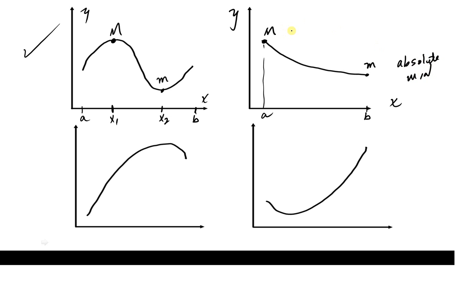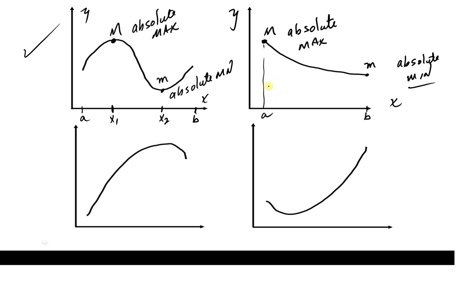So here, the function obtains the absolute max at the left endpoint and absolute min at the right endpoint. And in the first example, this is an absolute max at an interior point, an absolute min at another interior point. And so this would be x1 and this would be x2.